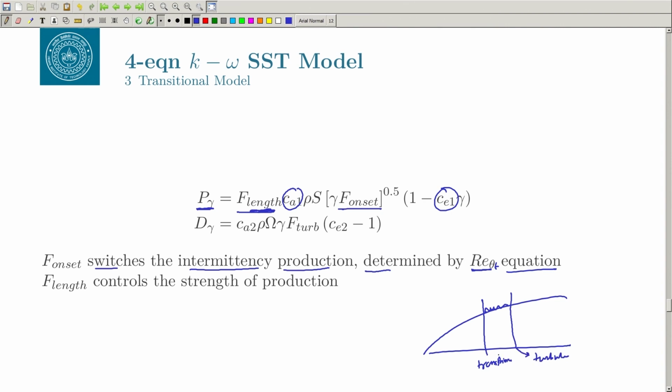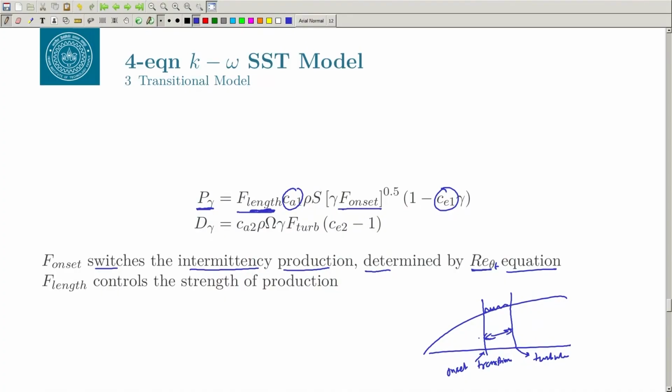So, this onset and length have to be determined, and that is done by comparing your Re theta t, which is also a transport equation. This Re theta t is evaluated everywhere at every time and is compared against the experimental data, for which you know that it is a robust parameter which has distinct values in the laminar flow, in the transitional flow and in the turbulent flow.